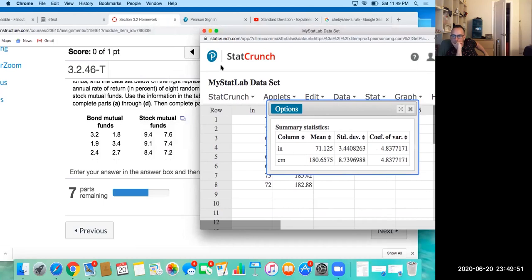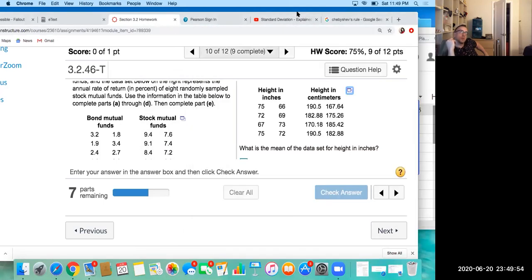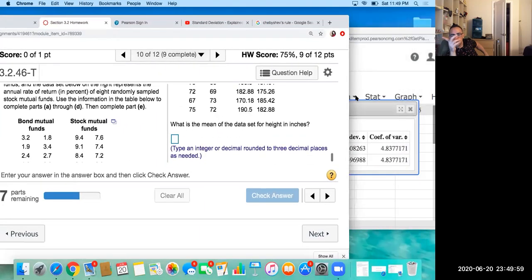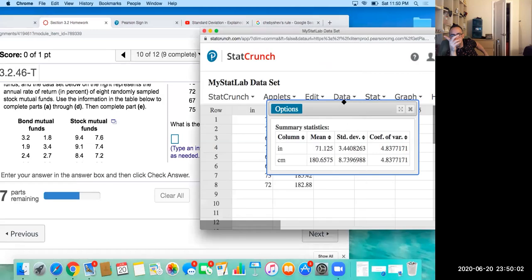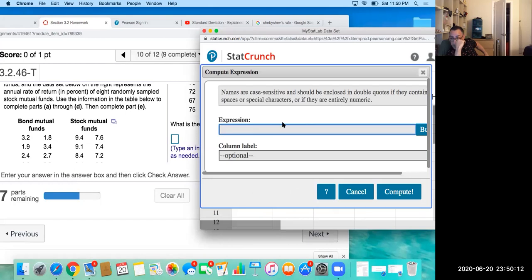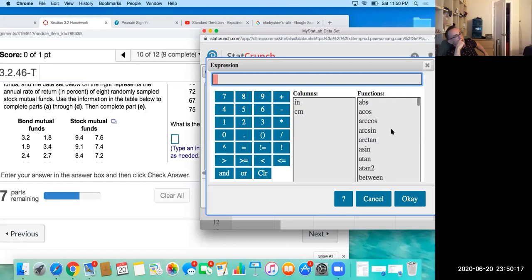You could do, if you go to, watch, try this. If you go to data, this might not work, but if you go to compute, expression, build, go to functions and put mean, type in M on functions, try to find, does it have mean there?